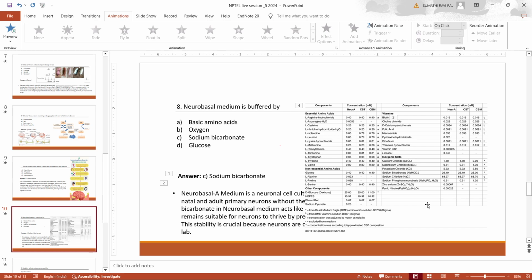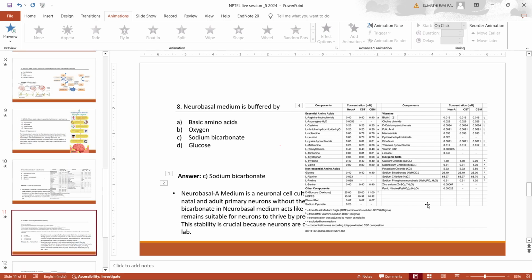Stability of your neurons is very important because depending on the buffer in which they are, their responses, growth and metabolic functions will change. So these are the components of your basic neurobasal medium: essential amino acids, non-essential amino acids, vitamins, trace elements, inorganic salts, etc.